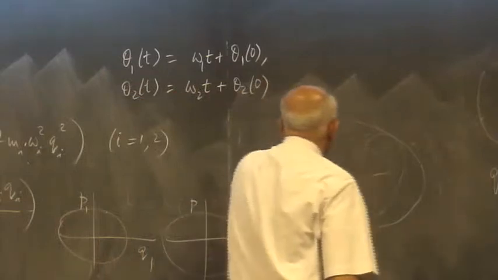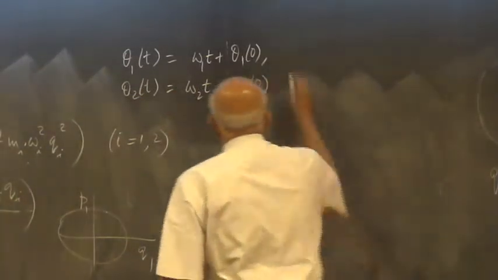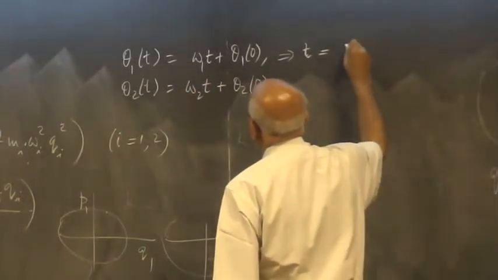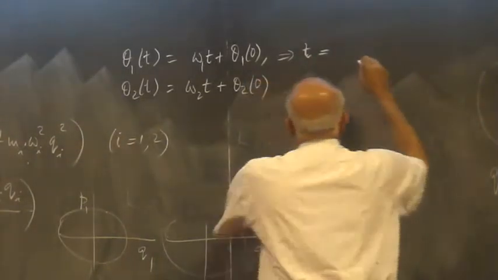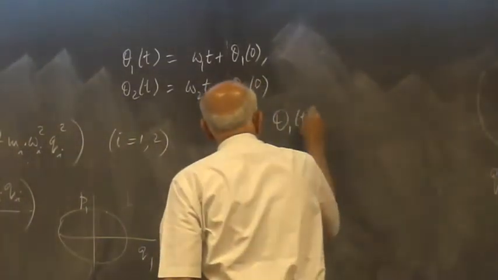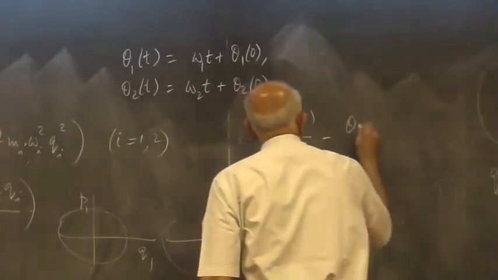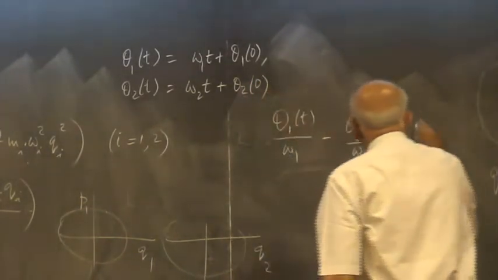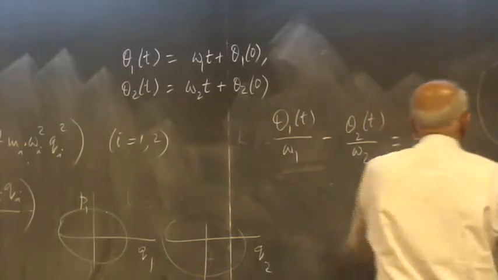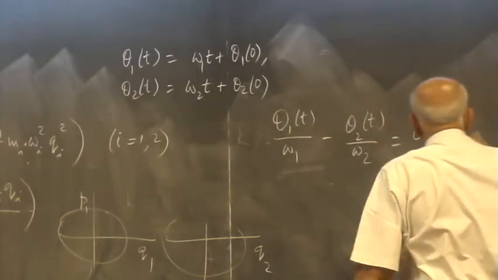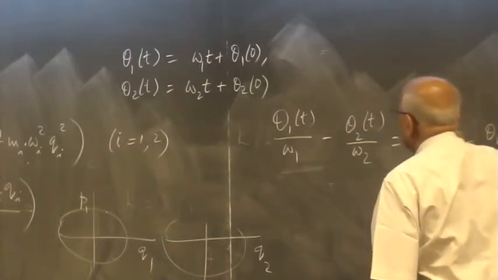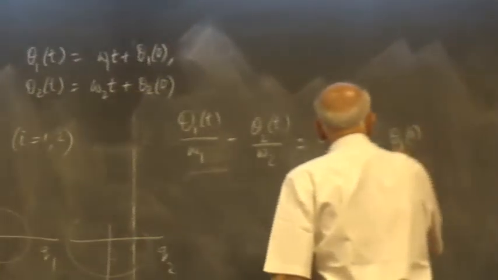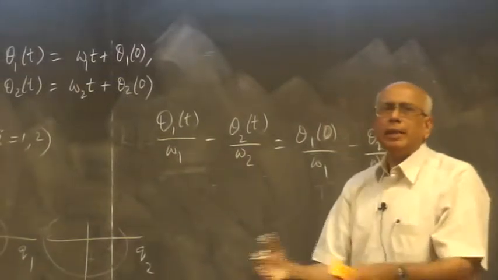And therefore, it follows that this, of course, implies that t equal to, well, let's compute theta 1 of t over omega 1 minus theta 2 of t over omega 2. This is equal to theta 1 of 0 over omega 1 minus theta 2 of 0 over omega 2. Each of them is t.